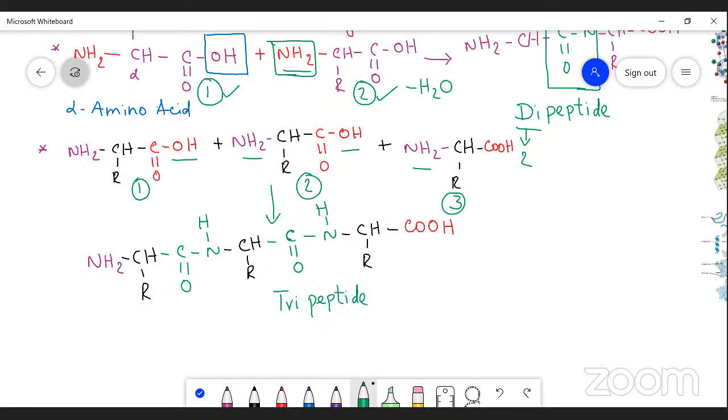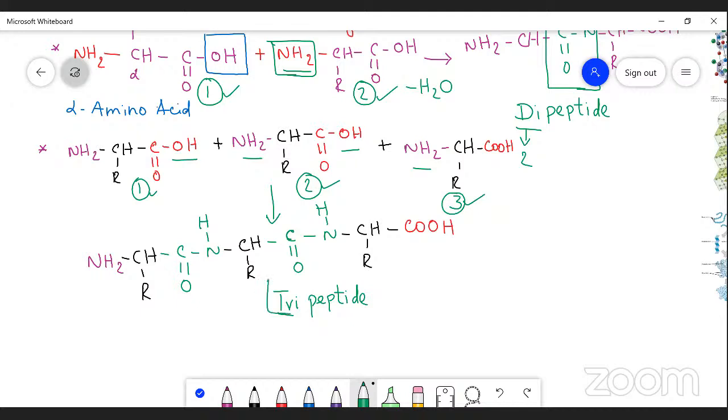What do you mean by peptide? Peptide is nothing but the CONH group. Now, what does this tri represent? It is formed by 3 amino acids: there is 1, under that 2, under that 3. So 3 amino acids are joined together and make a tripeptide.